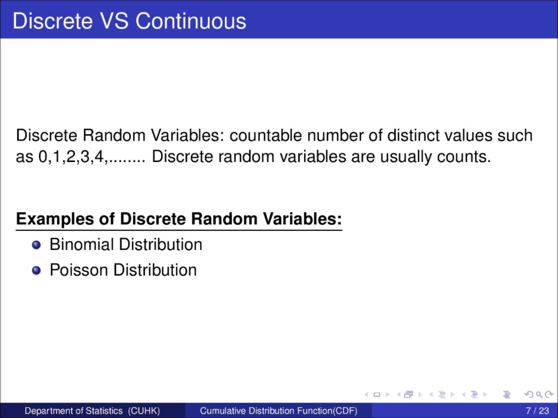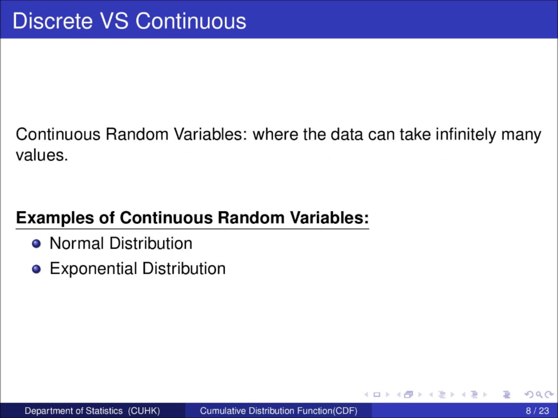Examples are the binomial distribution and the Poisson distribution. Continuous random variables refer to data that can take infinitely many values. Examples are the normal distribution and the exponential distribution.